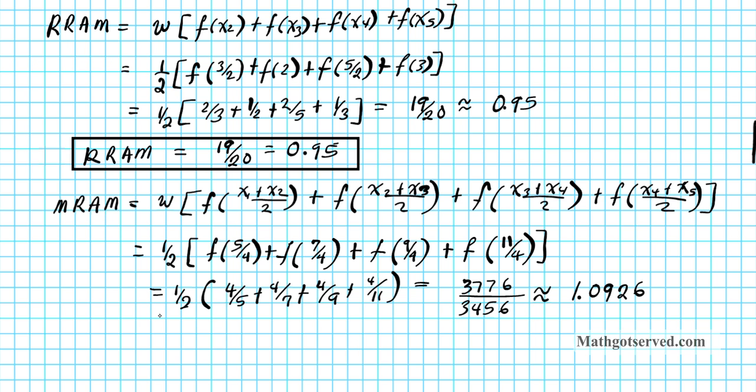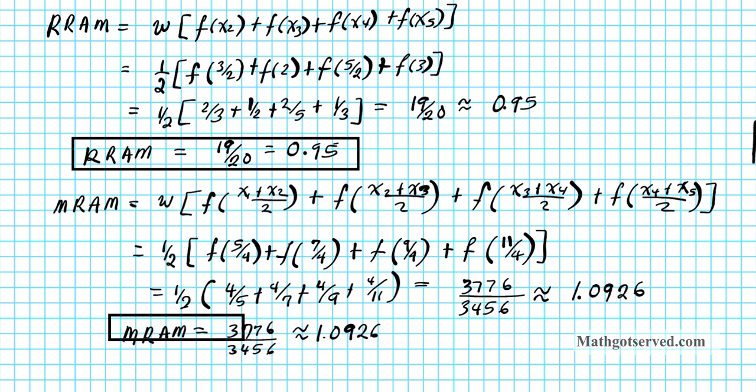So our midpoint rectangular approximation is equal to 3,776 over 3,456, and that is approximately 1.0926 in decimal form. All right, so that covers our 3 approximations.